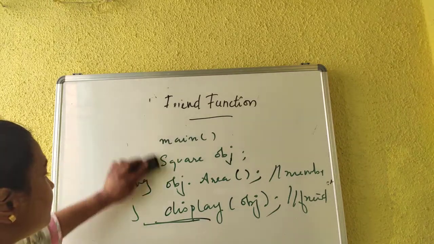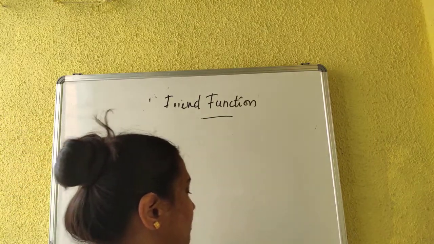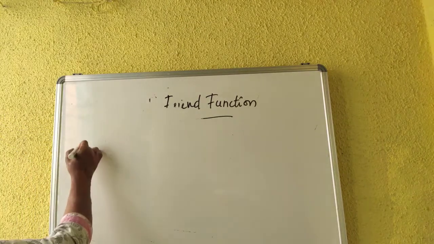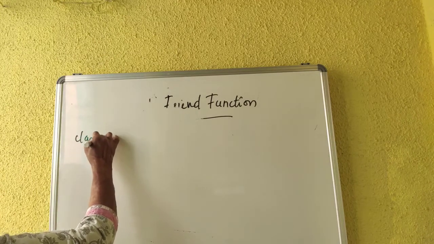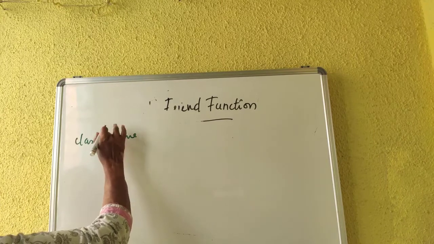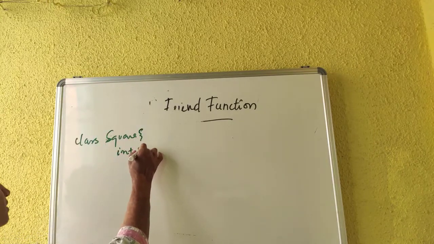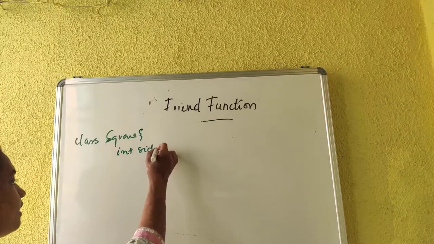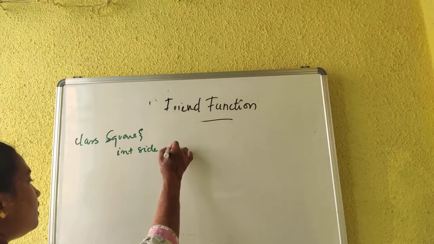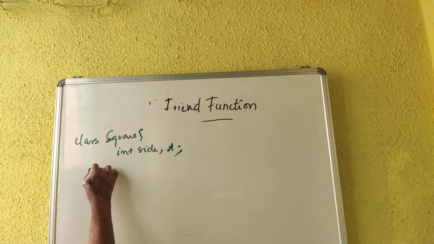Okay, so I'll write the example as a whole here, which I wrote bit by bit. I specified a class called square, and I have a private member, say side, and let me have one for the area A. And I have a public member.